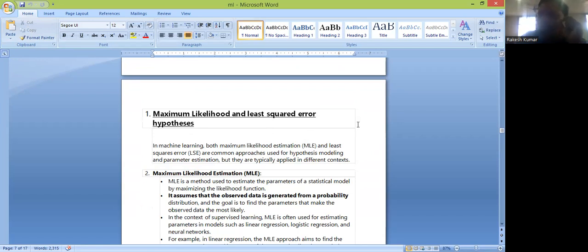Previously we have seen how the error will occur, for example whether something is a family car or not. Wherever we find the positive, inside the rectangle, that is implied as a family car, and outside we have the minus, which comes under not a family car. So here we are doing the prediction.